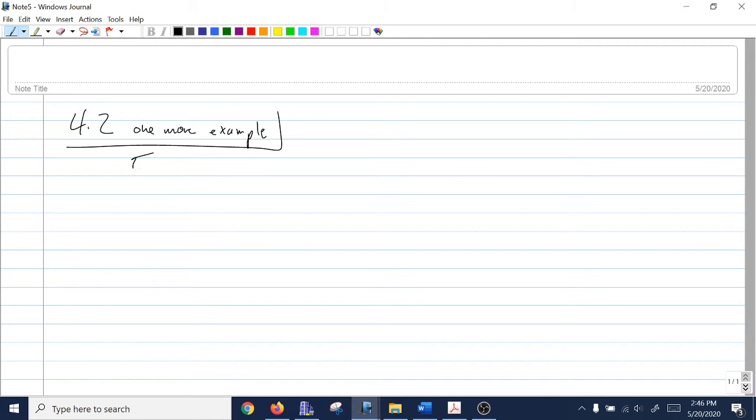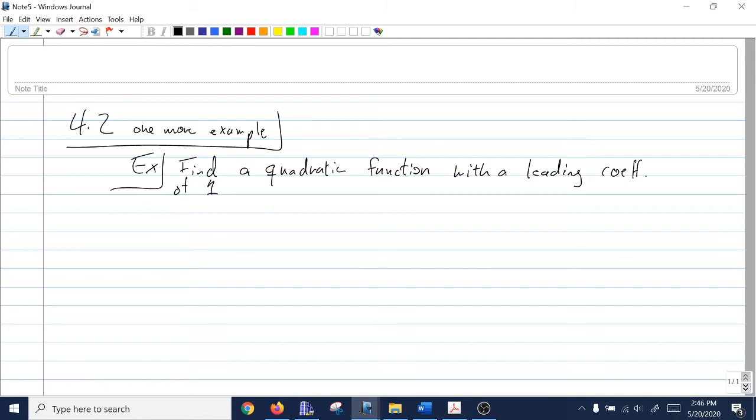So here's an example. Find a quadratic function with a leading coefficient of 1 so that (2, 3) is a critical point.